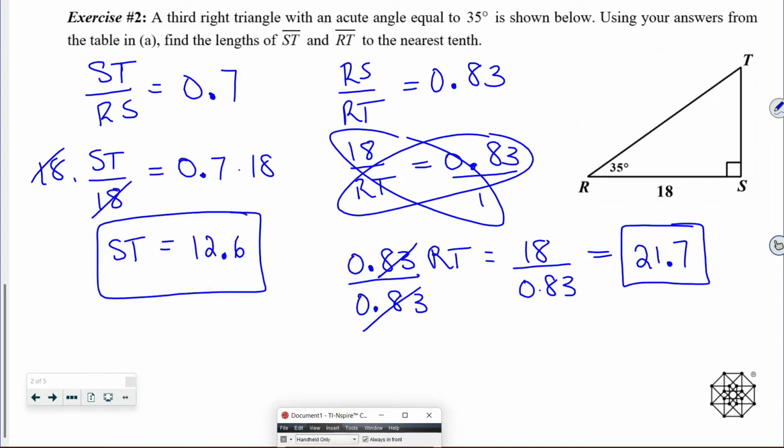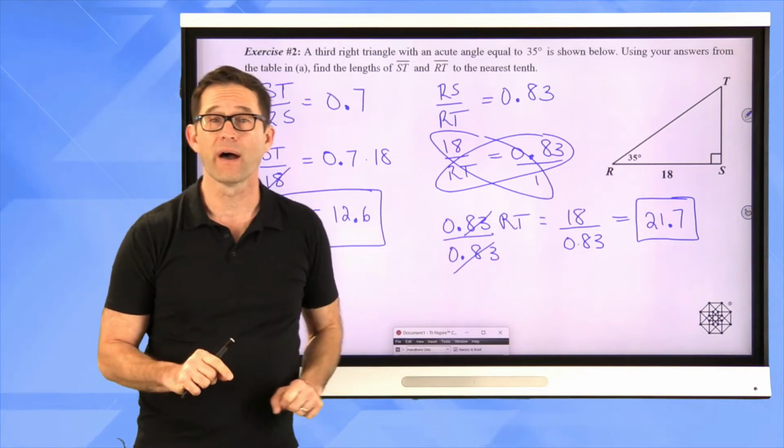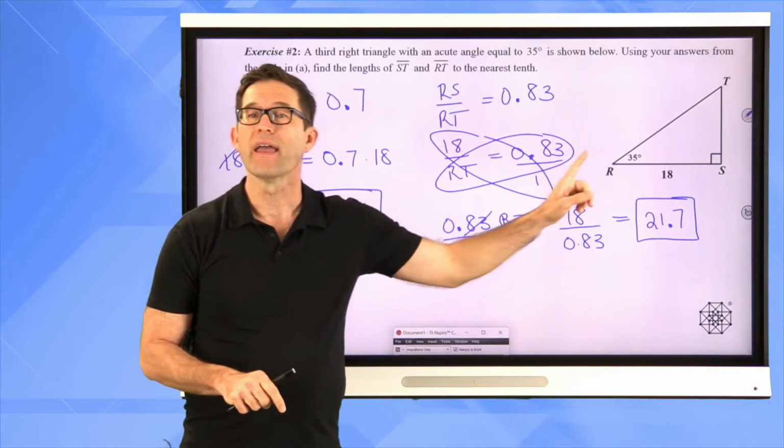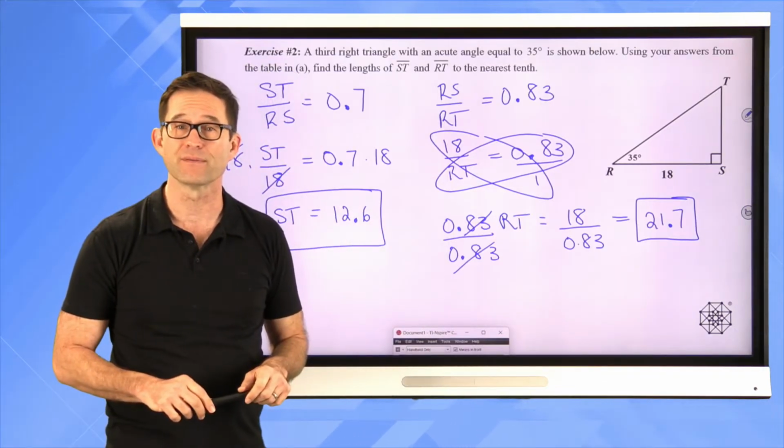And we could do that with any right triangle where we knew one of the three sides, wouldn't matter which, if we knew that one of the acute angles was 35 degrees.